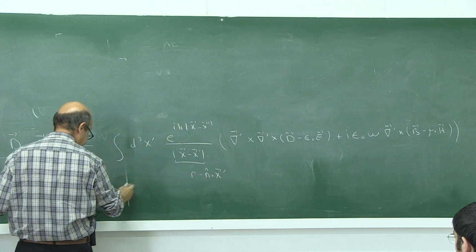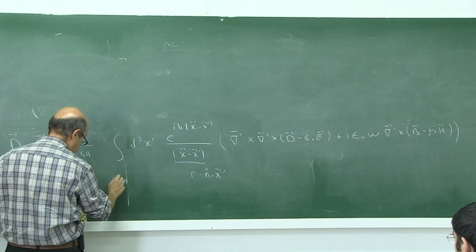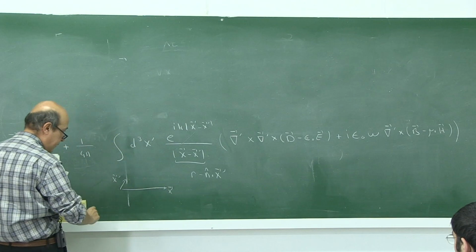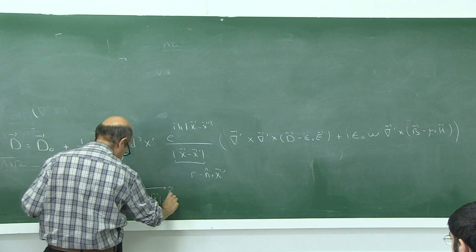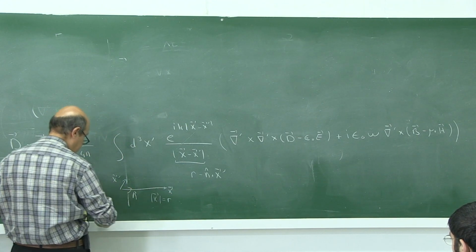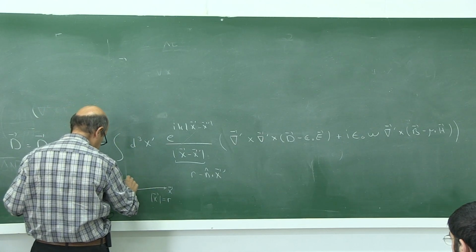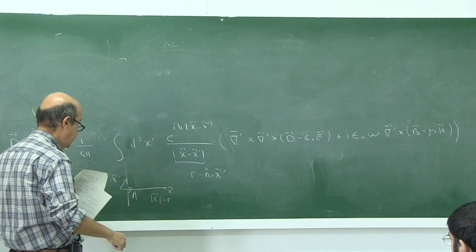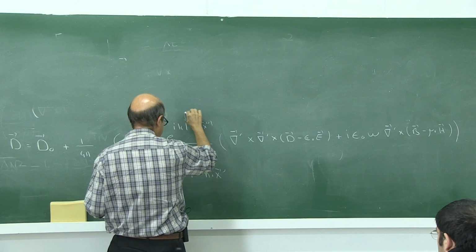If you say that x prime is the region of the scatterers and x is somewhere else, and x has the magnitude r and direction as a unit vector n, as we did. So x minus x prime magnitude, using the binomial expansion, you can easily show that it is nothing but r minus n dot x prime. And here in the exponential that is the same.